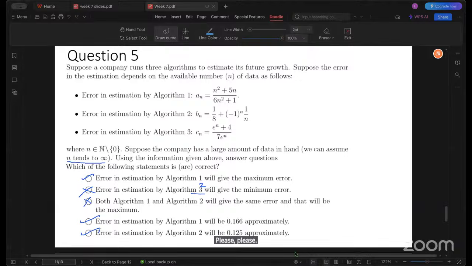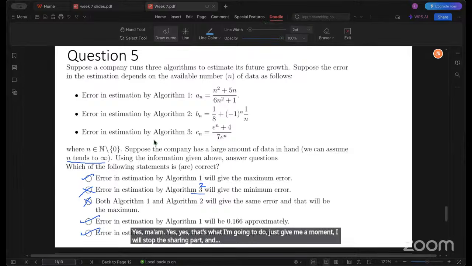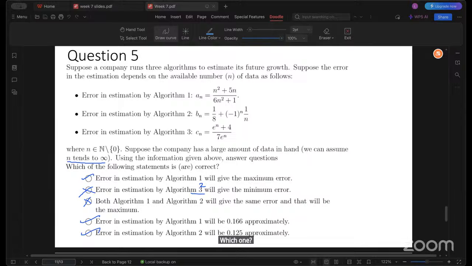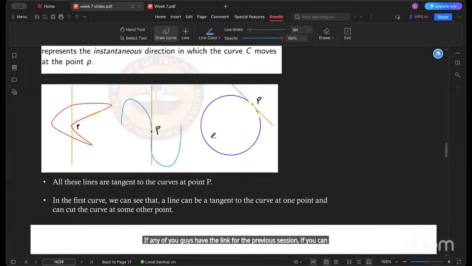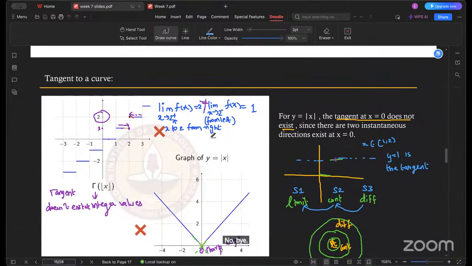Ma'am, can you just go to section one, the Pythagoras right angle triangle part?